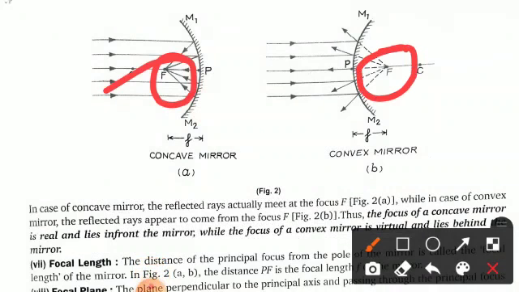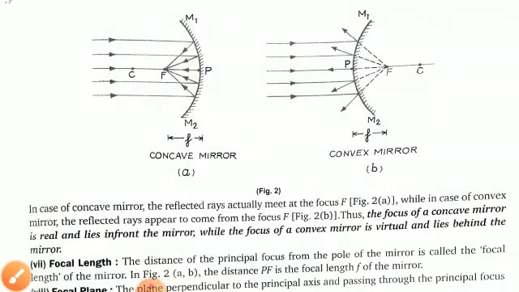Clear? These rays look like they are coming from the focus, and the property of the convex mirror is to diverge the incident rays. In case of a concave mirror, the reflected ray actually meets at the focus, while in case of a convex mirror, the reflected ray appears to come from the focus.